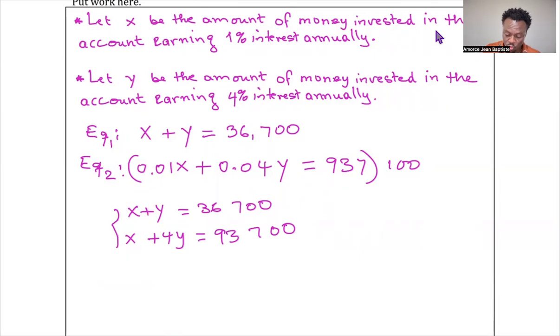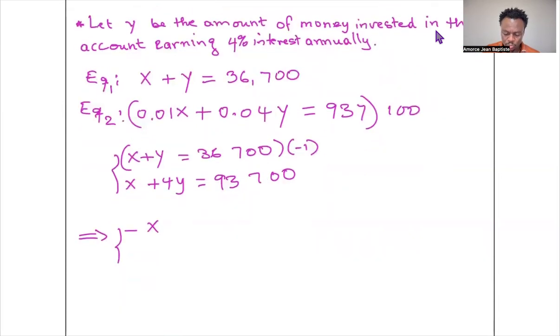So multiplying the first equation by -1 takes me to another system: -x minus y equals -36,700, and then the second one, x plus 4y equals 93,700.